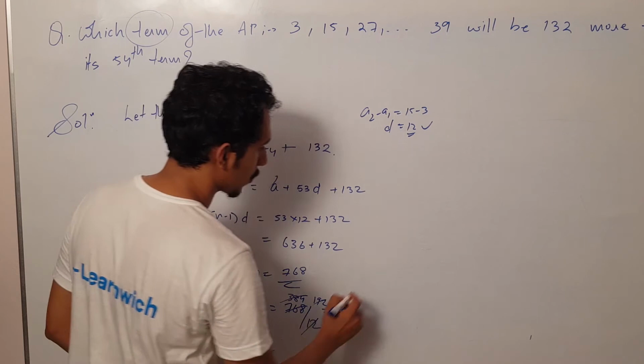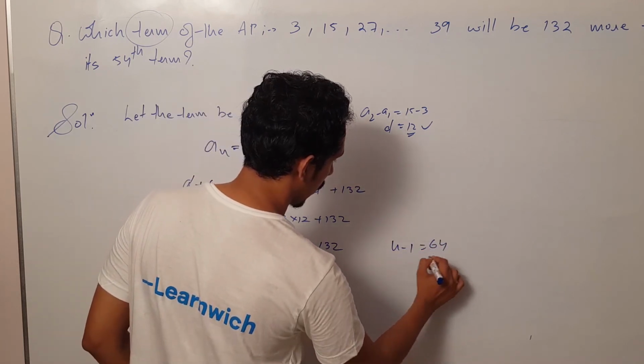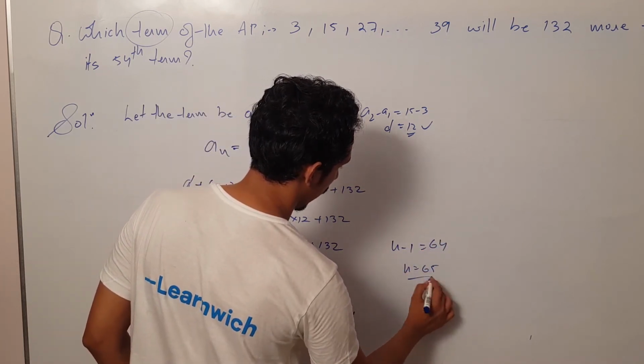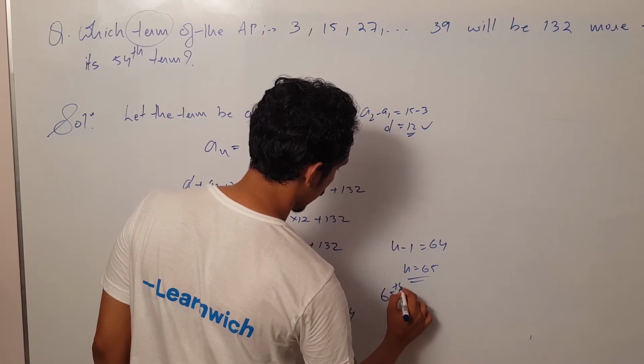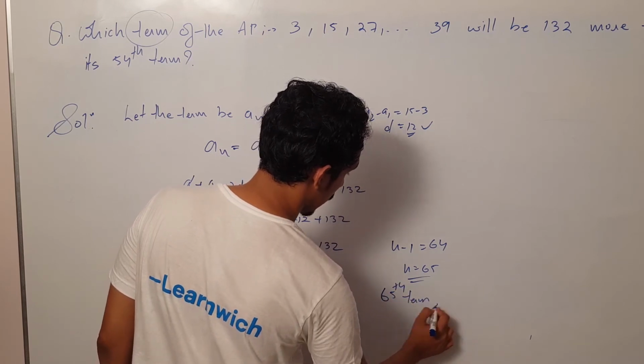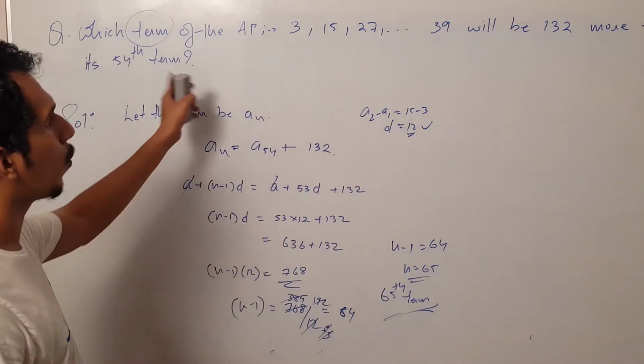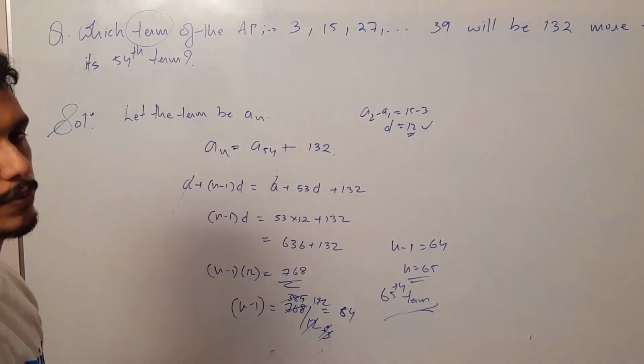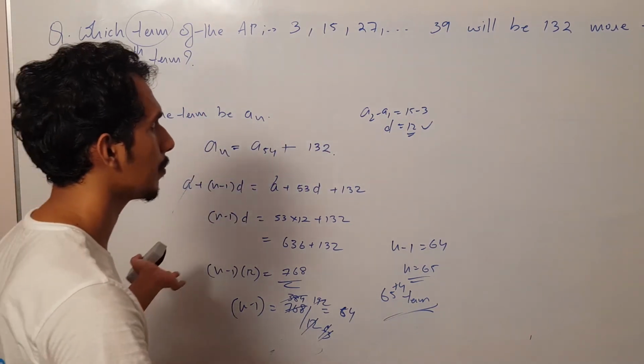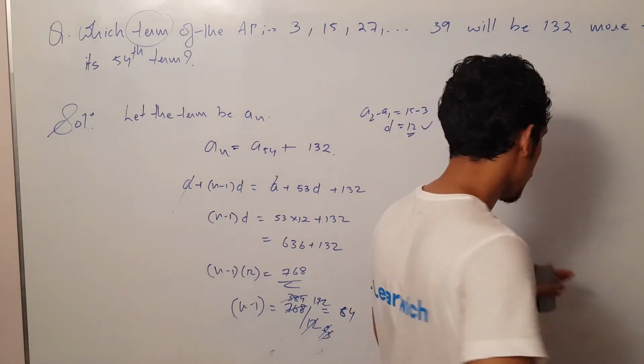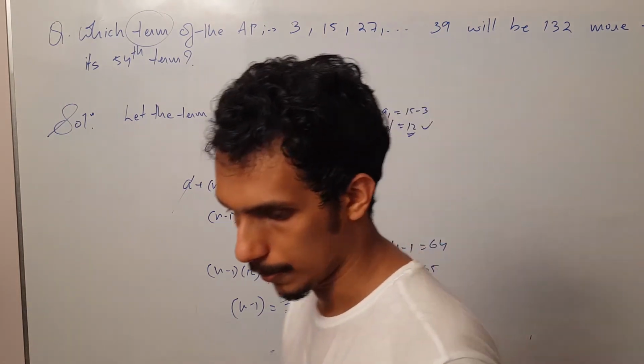So you get n minus 1 is 64, or n is equal to 65. So I can say the 65th term will be 132 more than its 54th term. As simple as that. Okay, please pause and note down whatever is written on the board.